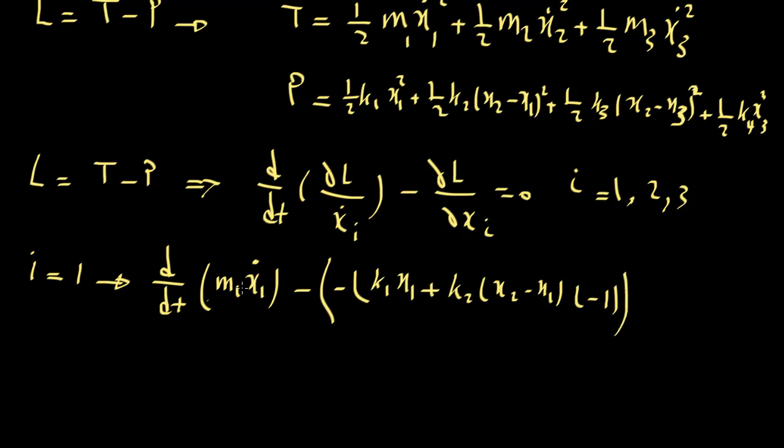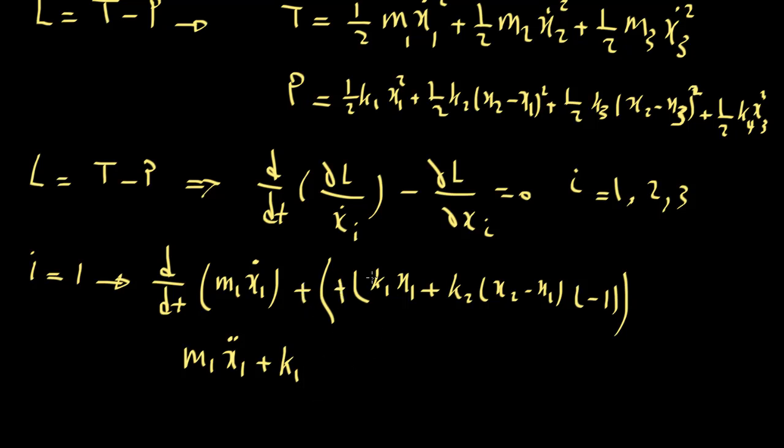So we get the derivative of this with respect to t. This would be m1 x1 double dot. Here, minus minus would be positive k1, and we also have a positive x1 here, and minus minus would be positive, so I can turn this into a positive.